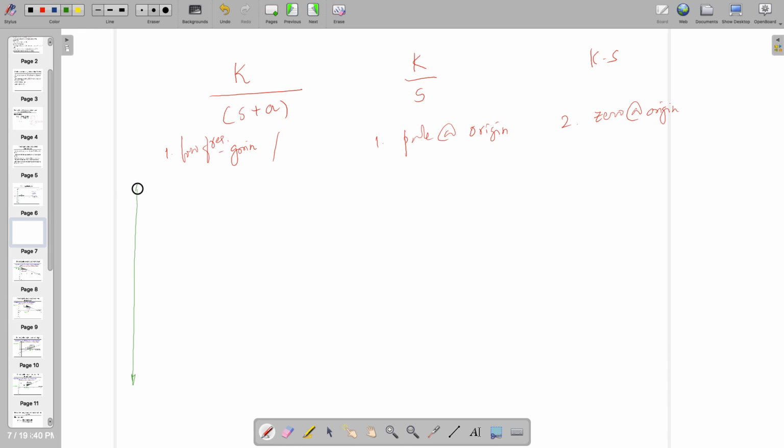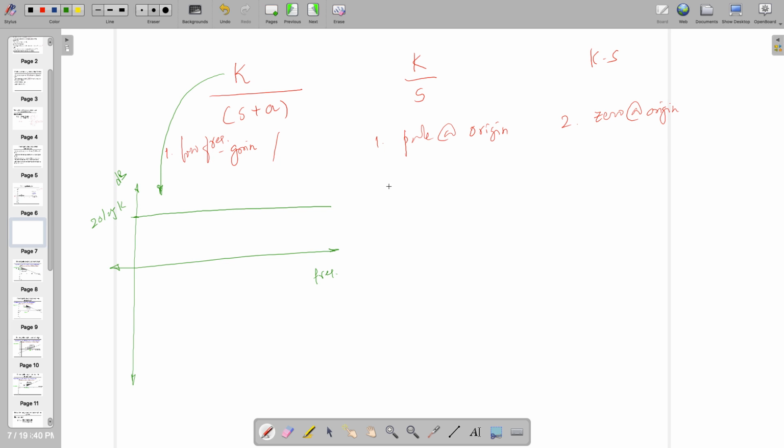In the first case, you are going to start with 20 log k. That's the contribution by k. We are not considering right now s plus a. We are going to talk about this maybe later stage or on the next slide. So with respect to any frequency, the contribution of this one is 20 log k in decibel.